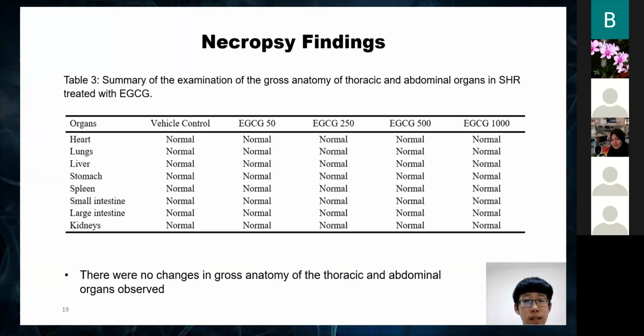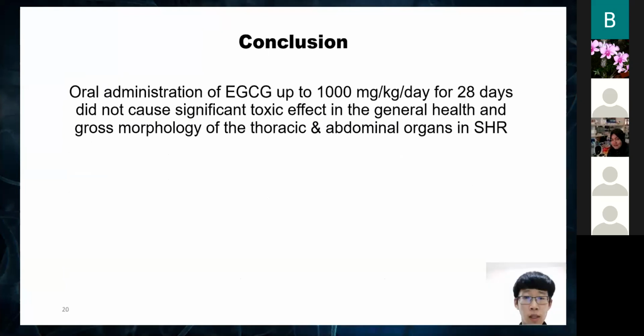There were no changes in the gross anatomy of the thoracic and abdominal organs observed. In conclusion, oral administration of EGCG up to 1000 mg per kg per day for 28 days did not cause any significant toxic effect in the general health and gross morphology of the thoracic and abdominal organs in SHR.